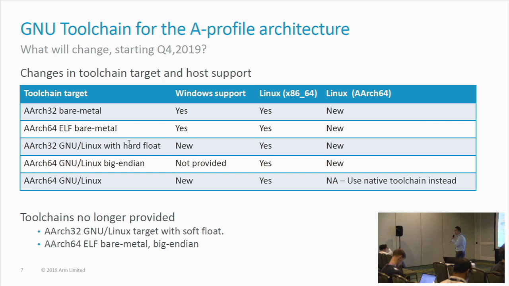We're going to rely on the Linux distros to deliver the native toolchain. We're not going to do their work for them. And there's some combinations like Windows big endian Linux. We also dropped that package.